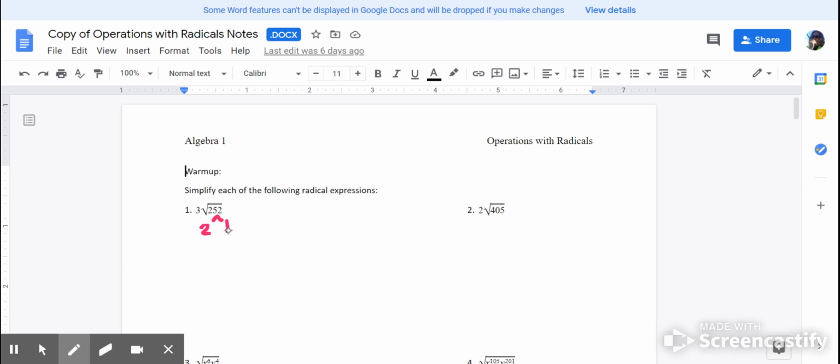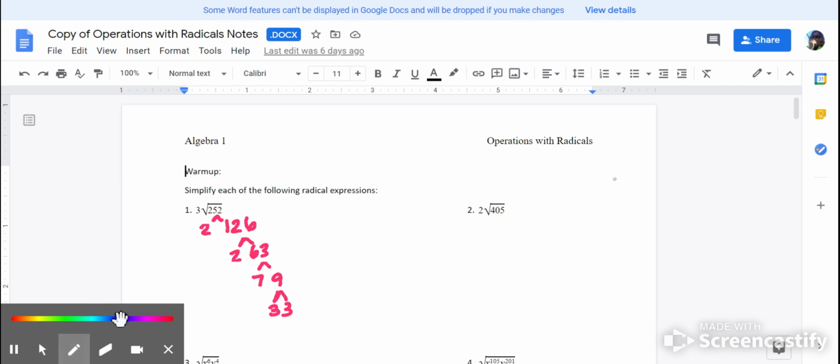So that leaves me with 126. Well, I can factor 126 by 2, which would give me 63. Factors of 63 will be 7 and 9, and factors of 9 will be 3 and 3. At this point, what I want to do is pick my pairs, things that have a match.